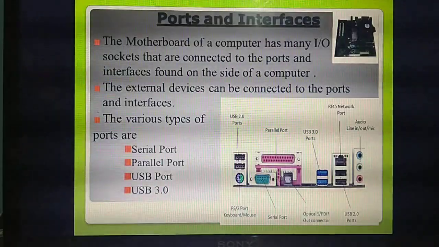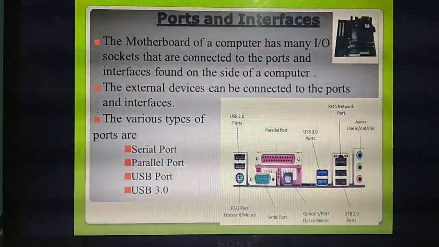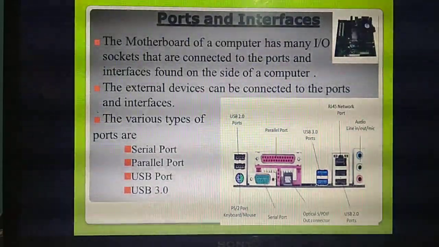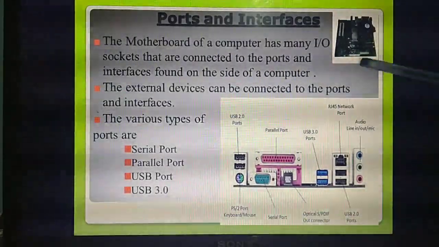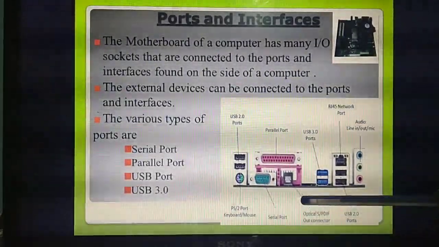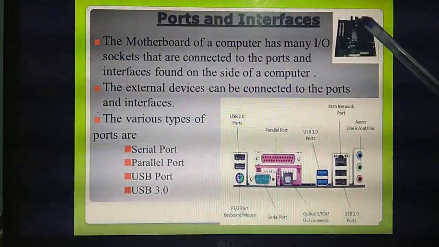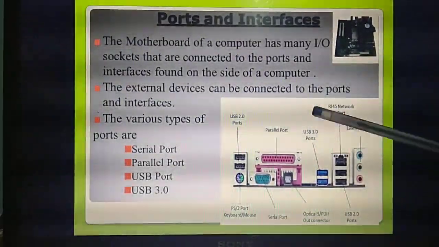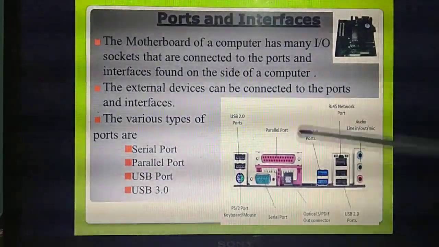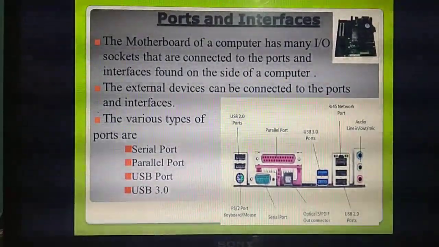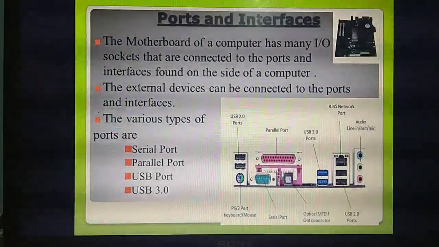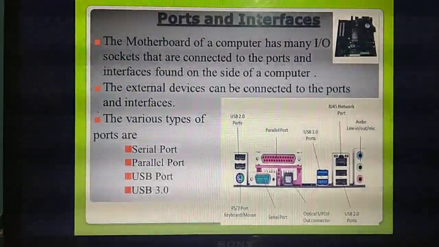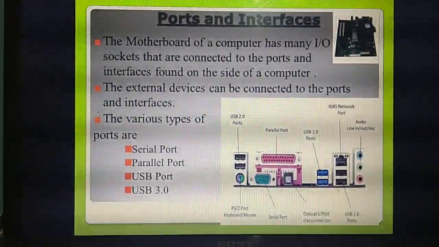So this kind of ports you might have seen on the side of the motherboard. Understand? See, this is the port. Is this picture visible for you? See, this is the port. Okay, so you are able to connect the external devices to this port. That means input devices you can connect, output devices also you can connect.